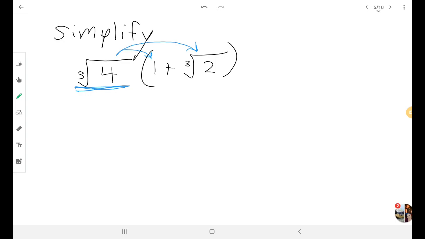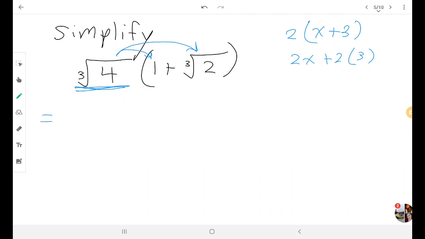Just like you would distribute if you had 2 times x plus 3, you do 2 times x plus 2 times 3. It's the exact same idea. Okay? So we're going to do the cube root of 4 times 1.